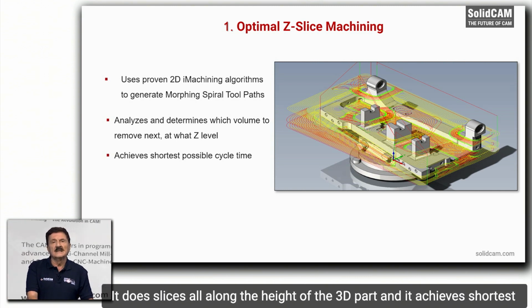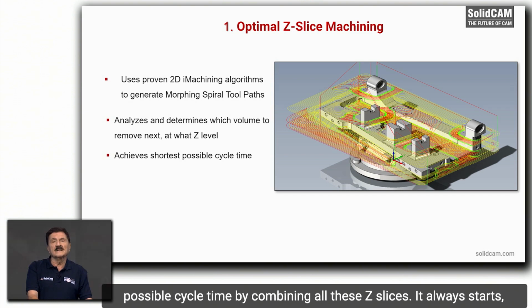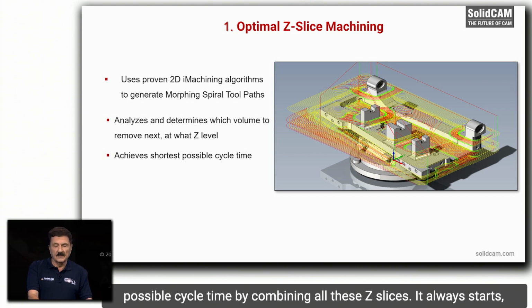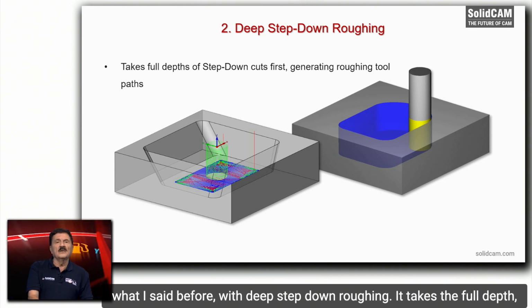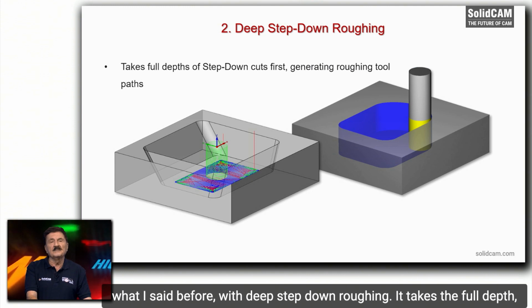It does slices all along the height of the 3D part, and it achieves shortest possible cycle time by combining all these Z slices. It always starts, what I said before, with deep step-down roughing.